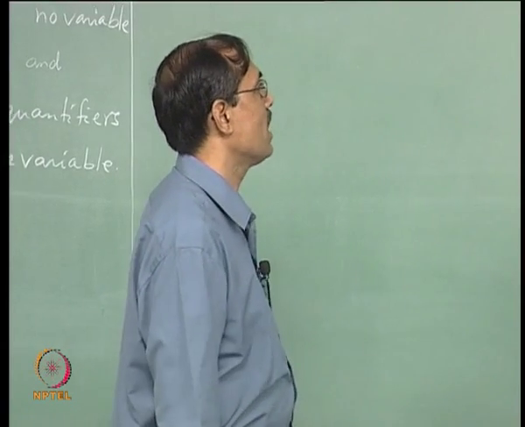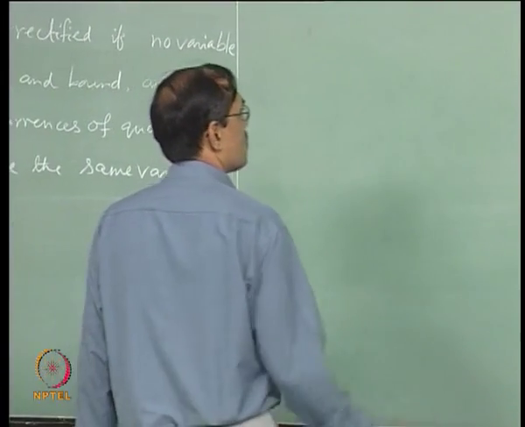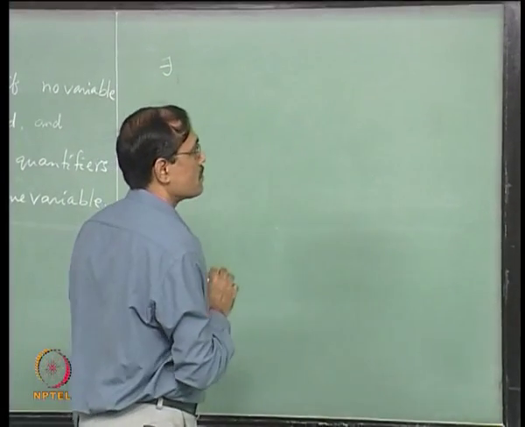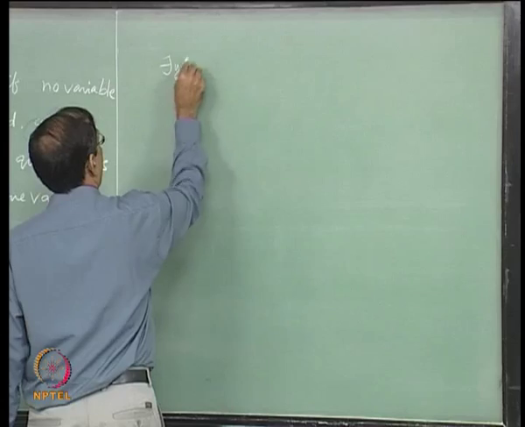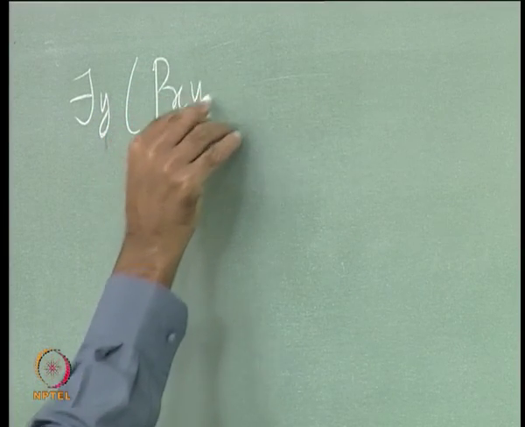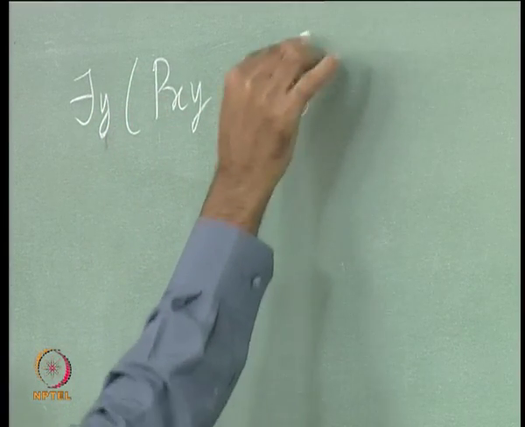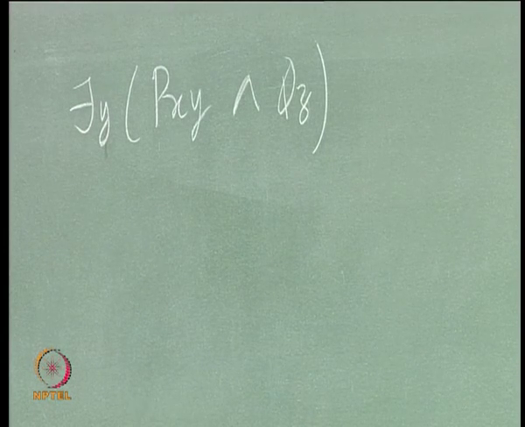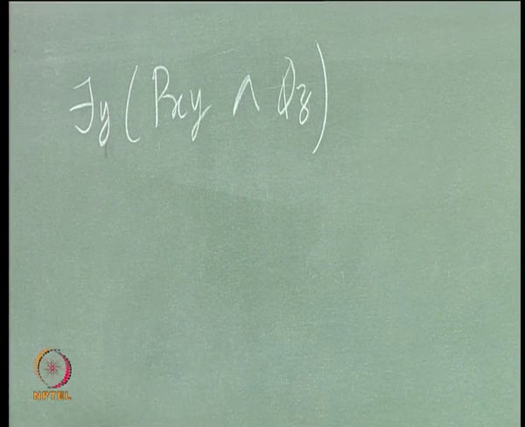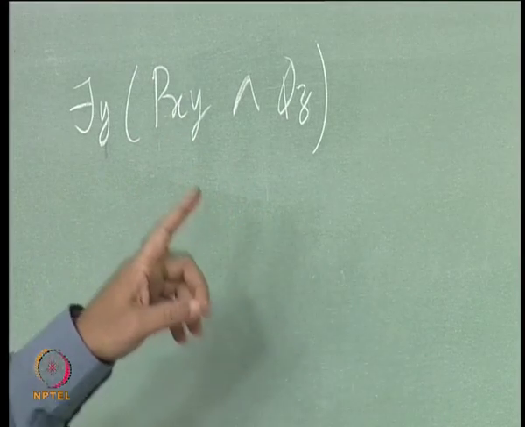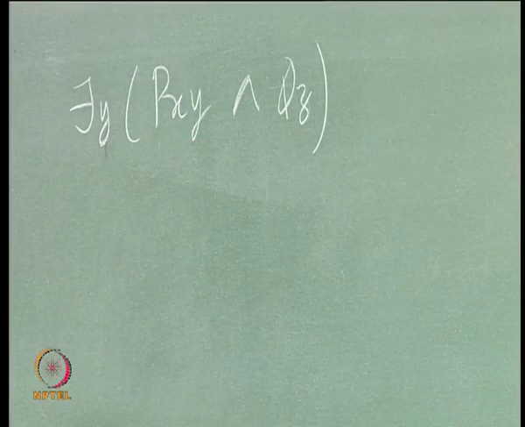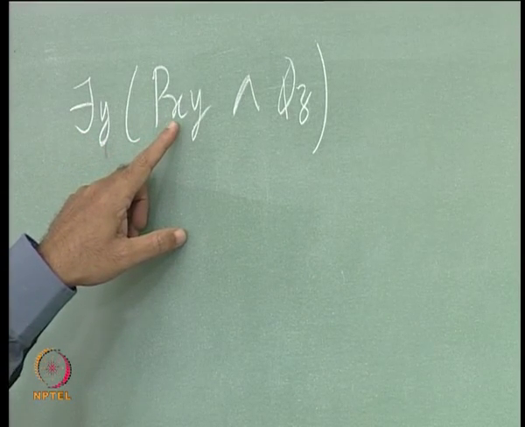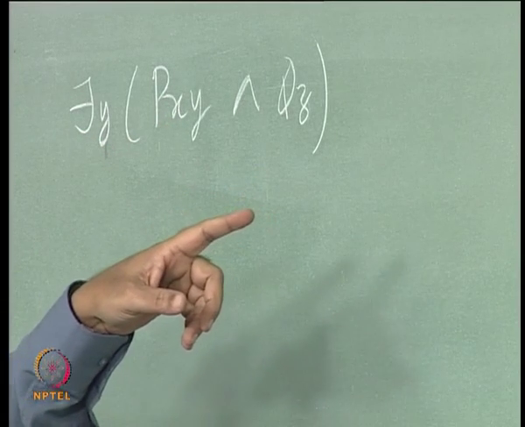Let us see how to rectify. So, let us take this example. There is y, p x y and q z. Now, is it rectified? So, there are three variables occurring in this formula, x, y and z, right, and now you see x is a free variable and x is not bound.